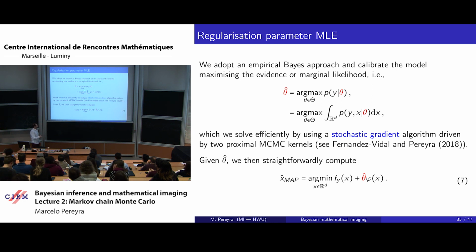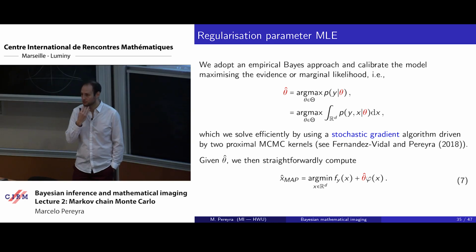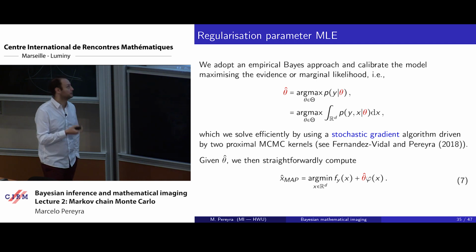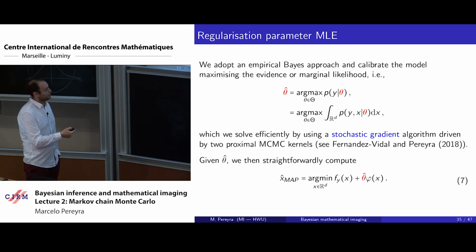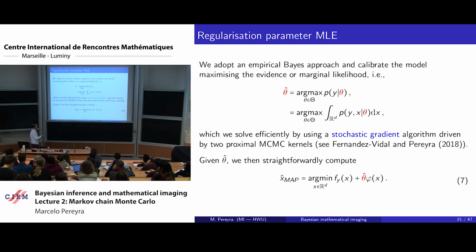What I want to do is find the maximum of this. And this maximum will usually be very close to the true value of theta, if you can imagine something like a true value for a regularization parameter. But in any case, it will be the value that maximizes this. The problem is that this function is not something you know. You know it's the integral of the joint of x and y when you remove x.